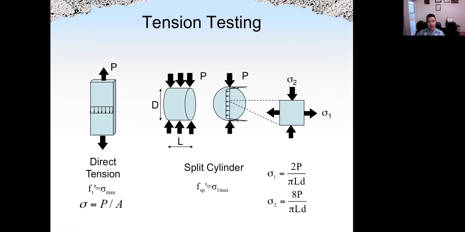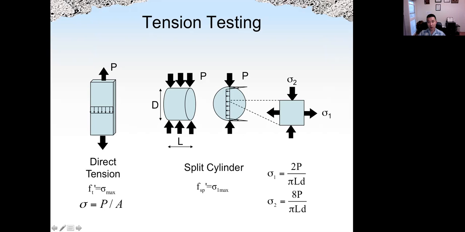Okay, so instead of a direct tension test, typically we do the so-called split cylinder test. Okay, so we have a concrete cylinder, and we compress the concrete specimen, the cylinder, along the diameter. Okay, and the stress level in the majority of the diameter is under tension.